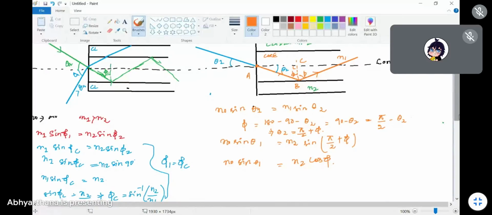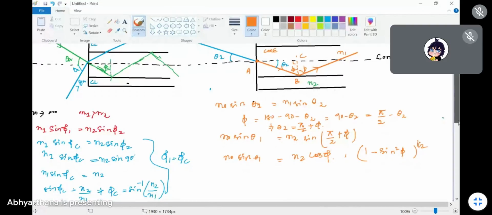Now I wish to have everything in terms of the sine function, so this cos phi I can write as the root of 1 minus sine square phi, as you know sine square phi plus cos square phi is equal to 1.